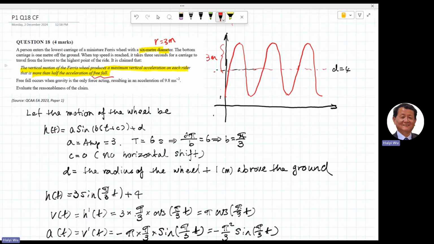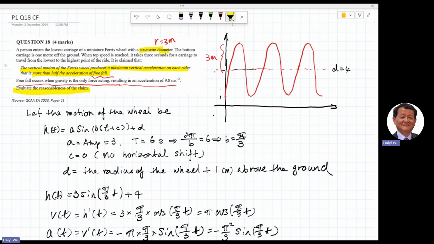What is free fall? Free fall occurs when gravity is the only force acting on the carriage, resulting in an acceleration of 9.8 meters per second squared. So now the question is, we need to evaluate whether that claim is reasonable or not.